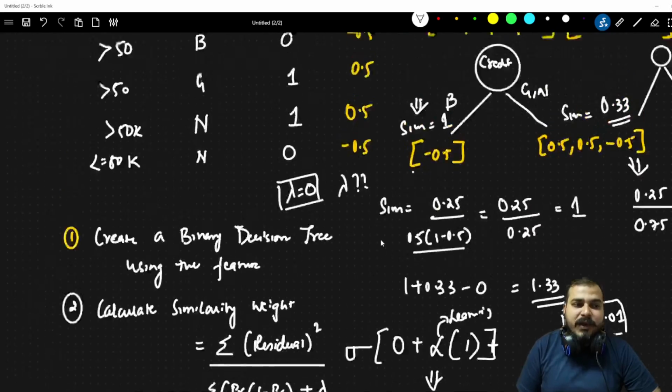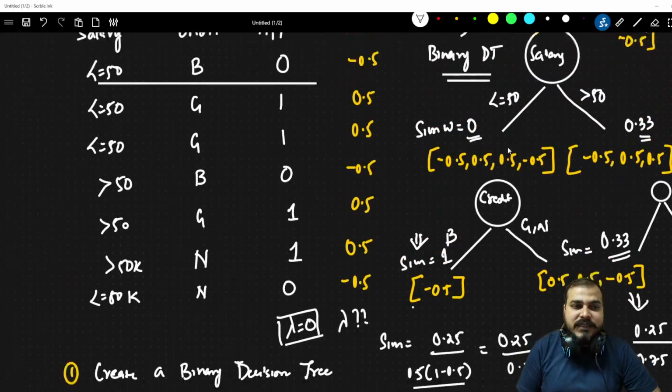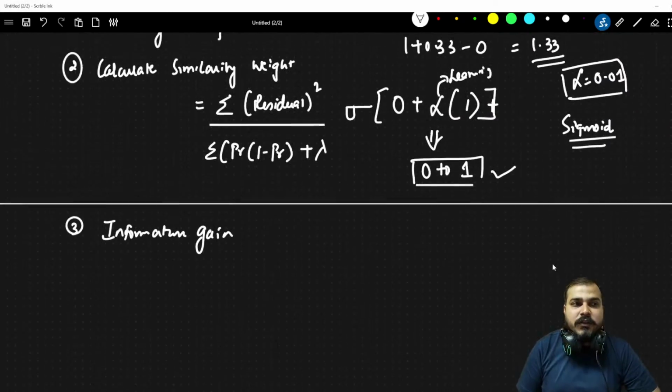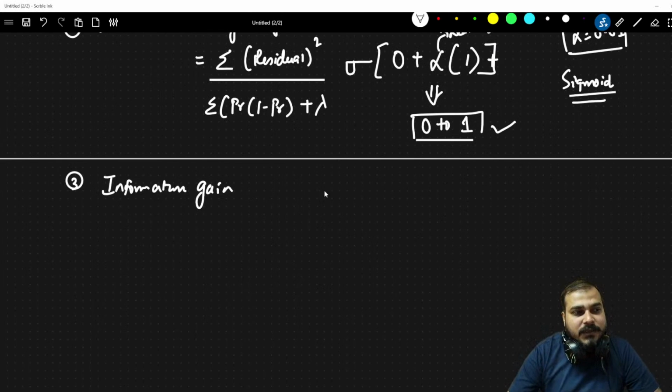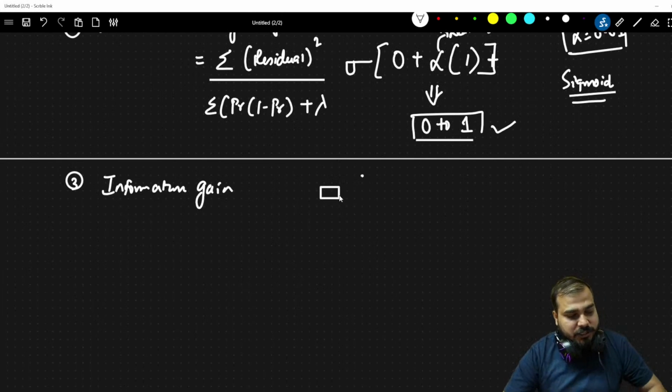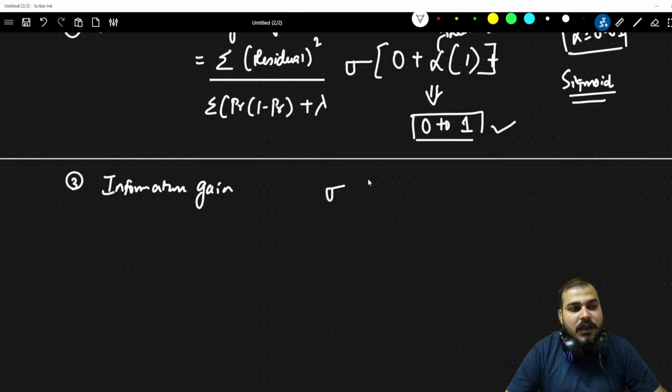Similarly, I will construct this kind of decision tree in parallel. So our entire function will look something like this: alpha 0 plus alpha 1 times decision tree 1 output, then alpha 2 times decision tree 2 output, alpha 3 times decision tree 3 output, alpha 4 times decision tree 4 output, and like this up to alpha n times decision tree n output.